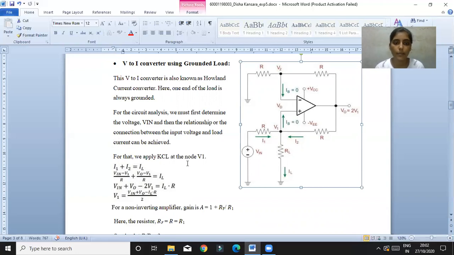Here we apply KCL at node V1, where I1 plus I2 equals IL. After solving, V1 equals Vin plus Vo minus IL into R upon 2, where the gain is equal to 1 plus Rf by R1, and Rf is equal to R1.